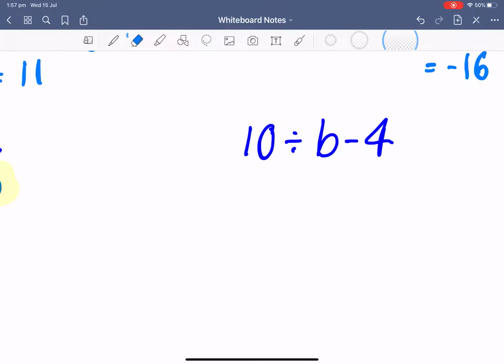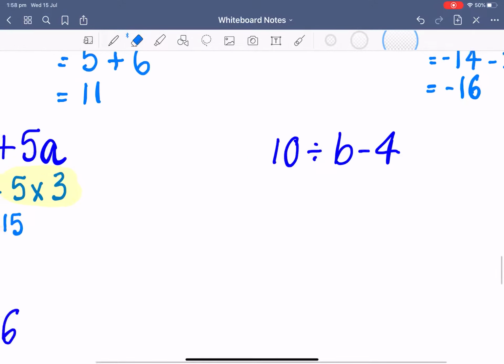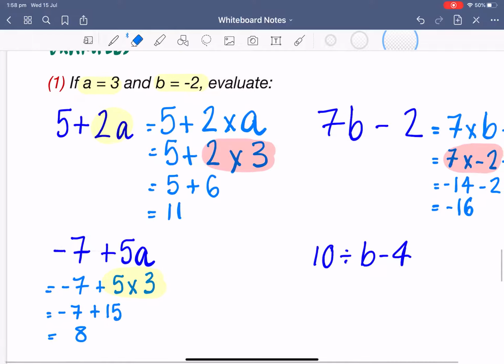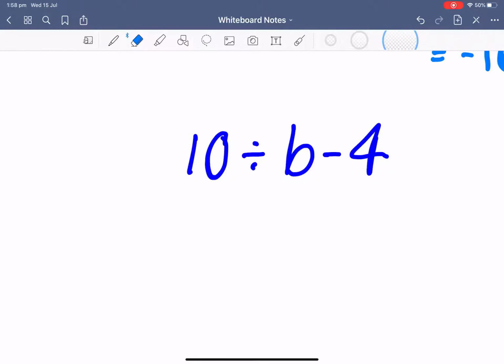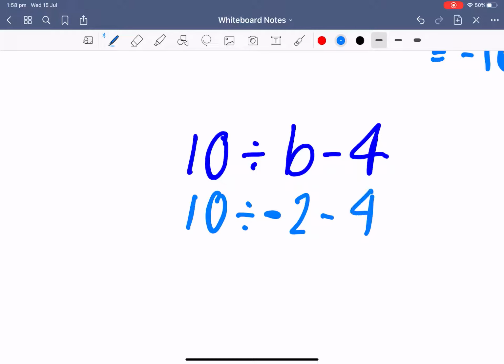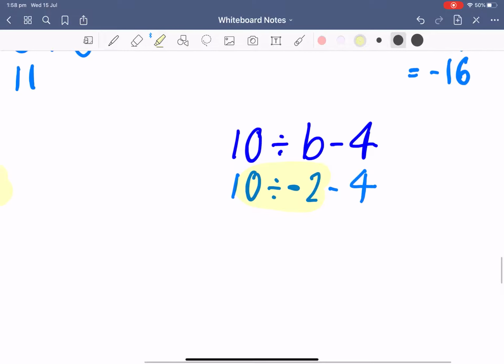So 10 divided by b, take away 4. So b is -2. So 10 divided by -2, take 4. Okay, so again, BODMAS tells us division needs to be done first.